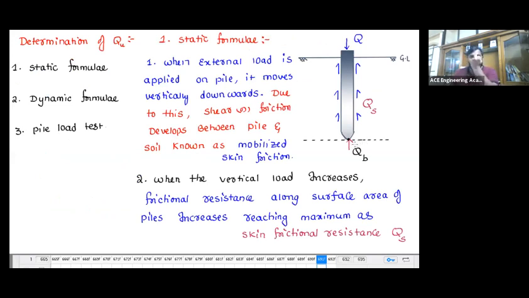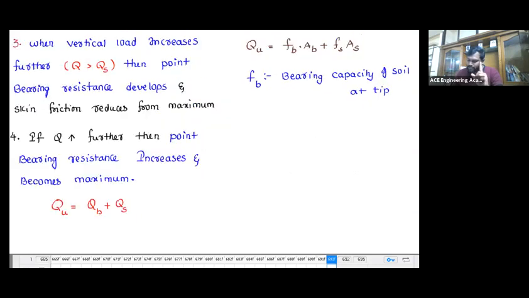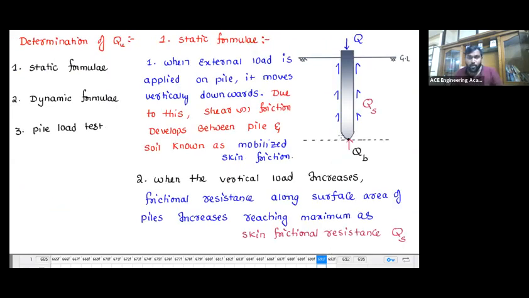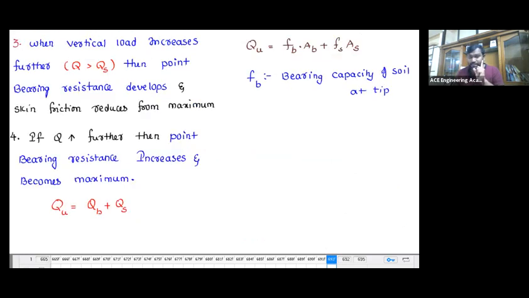Here there is soil, and this soil must have some bearing capacity. So whatever the soil below the pile tip, only that soil's bearing resistance you have to take. So the bearing resistance of the soil at the pile tip.